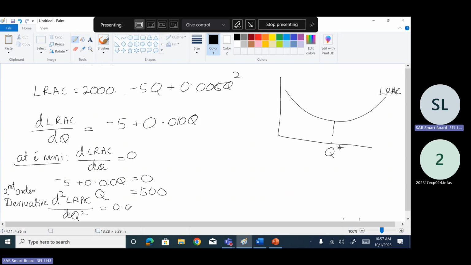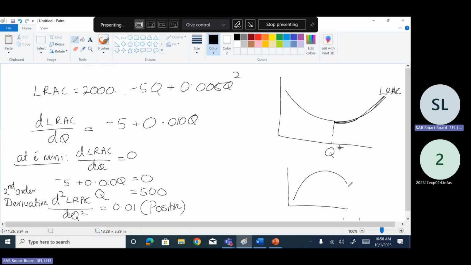It becomes 0.01, and that is positive. Positive second order derivative means that after that point it increases, so this point is the minimum. The star is the minimum.